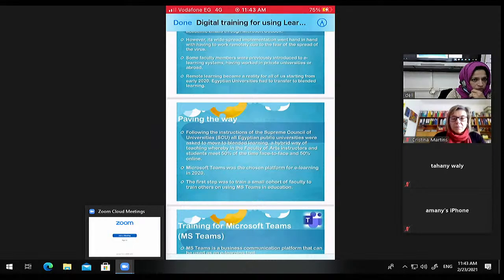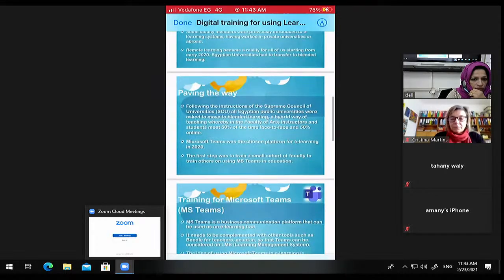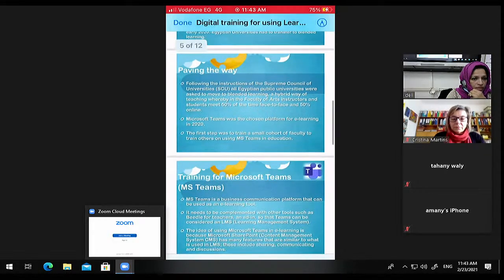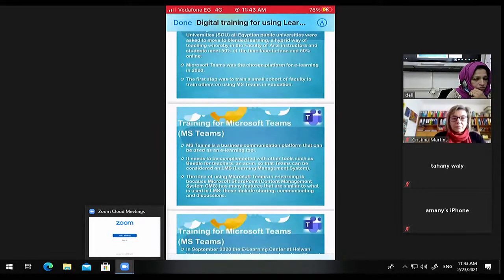But we downloaded it, and the good thing was that we all had academic emails. So it was good to access Microsoft Teams with our academic emails. Now, Microsoft Teams is a business communication platform.